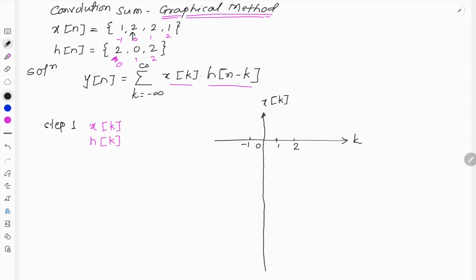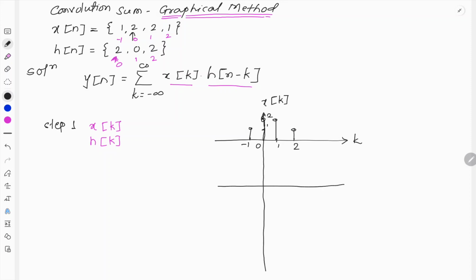At -1, we have amplitude 1, so we'll draw a vertical line. At origin, we have amplitude 2. Then at 1, we have again amplitude 2. And at 2, we have amplitude 1. This is our x of k signal.